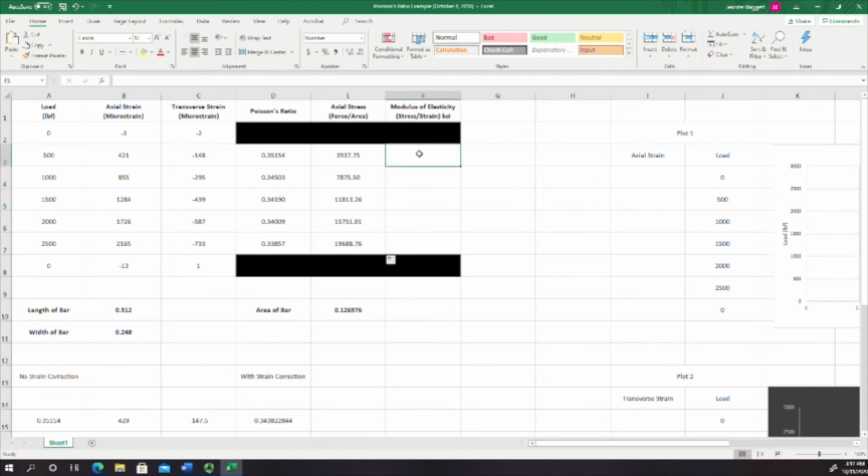So our third term is our modulus of elasticity. Since this value is the stress divided by strain, we can do equal to our stress value divided by our axial strain value times 10 to the negative 6th.